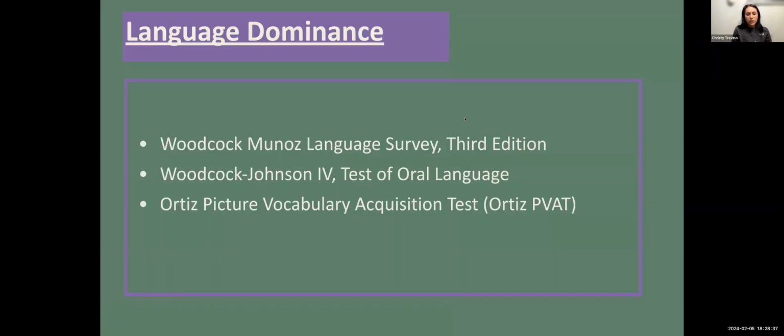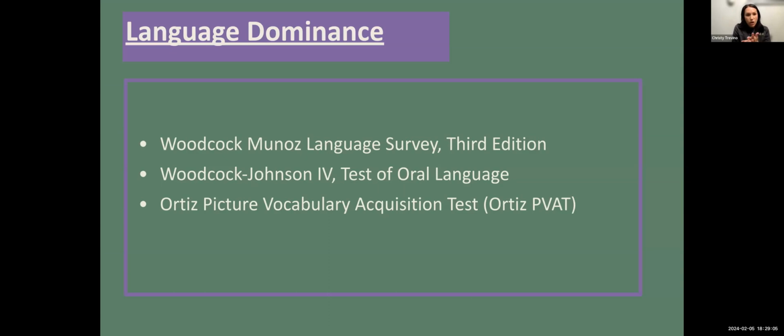There's several assessments out there, and the one that I particularly use is the Woodcock-Muñoz Language Survey, which gives us the basic oral language broad cluster.